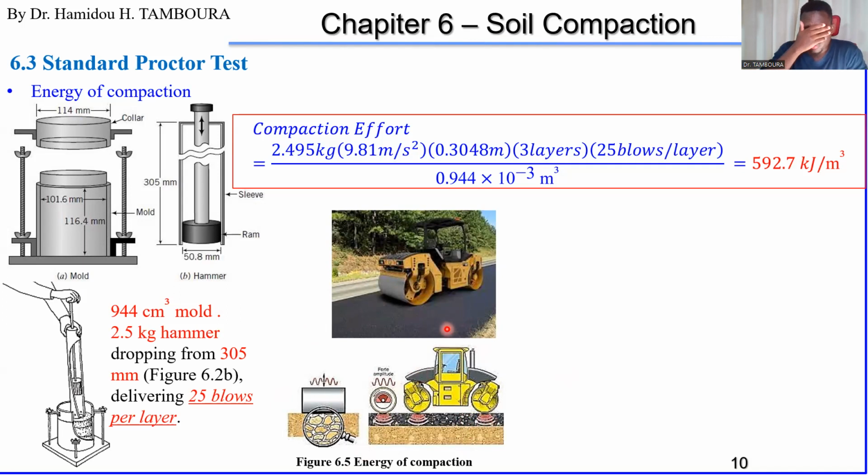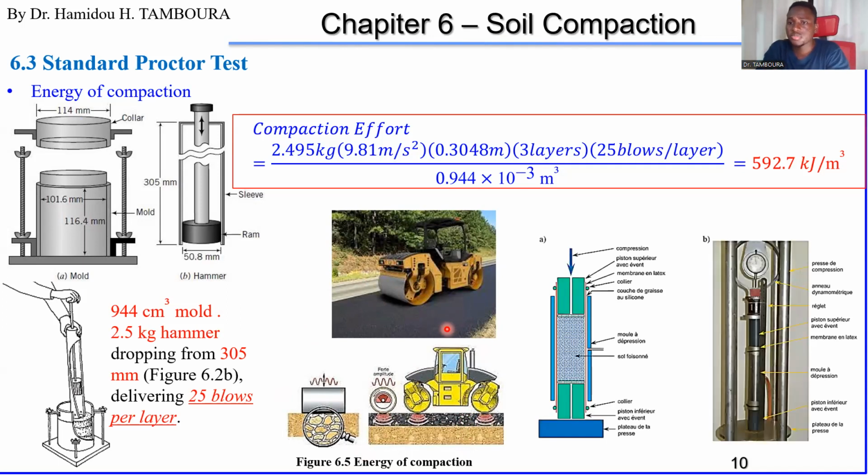And more, just for your information, there are other types of compaction. This compaction is static compaction. This is not really famous. Maybe some people don't even know this, but this is also another type of compaction. This is just a static weight on the soil, and that's all.